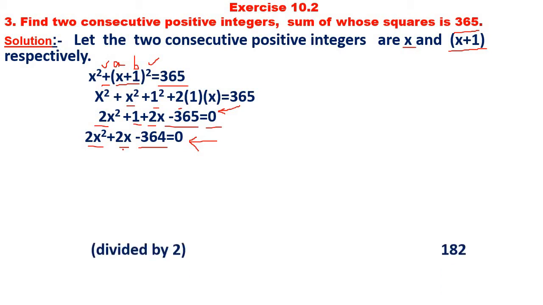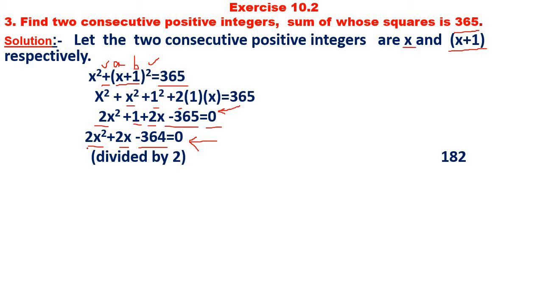Now let us divide the given equation by 2. Dividing by 2, we get the quadratic equation x square plus x minus 182 is equal to 0.